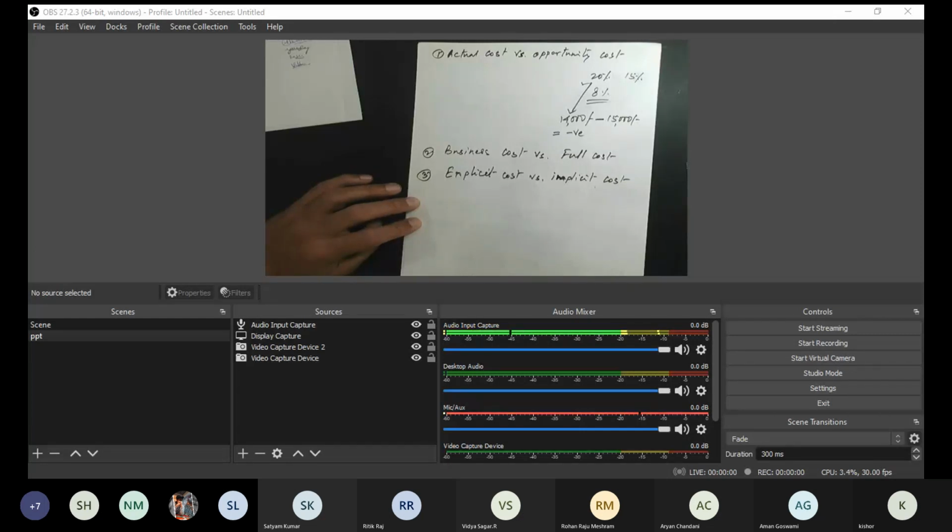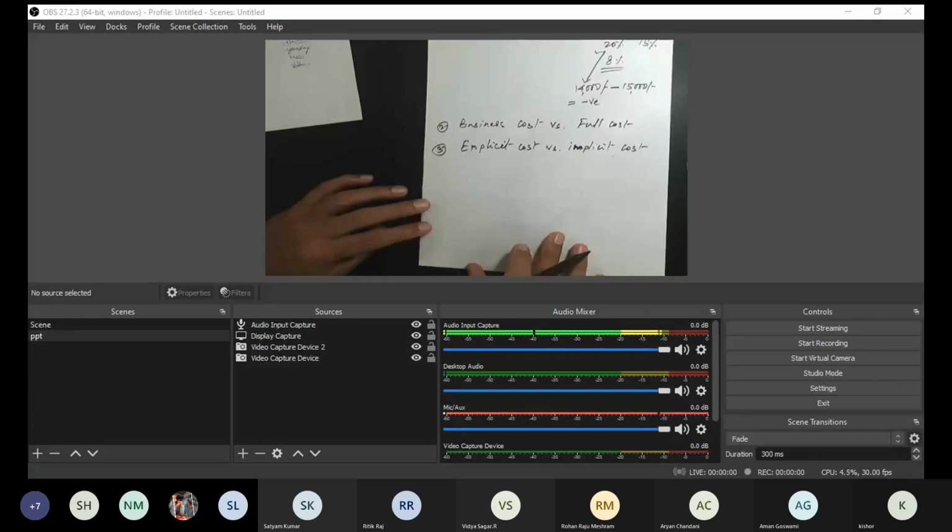Then another cost concept is involved, which was not discussed even here. These two I discussed in between with our offline students, so I am discussing them here also. Now another cost concept is private cost and social cost.